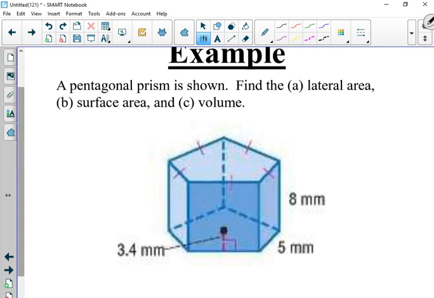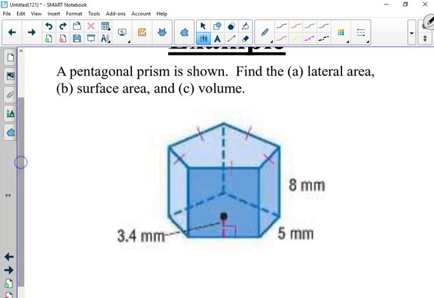Okay, pentagonal, 5-sided figure. Let's do this. So the lateral area is the perimeter. So notice how this piece right here is 5, and they're all the same. So the perimeter is 25 times the height, which is the distance between the 2 pentagons.